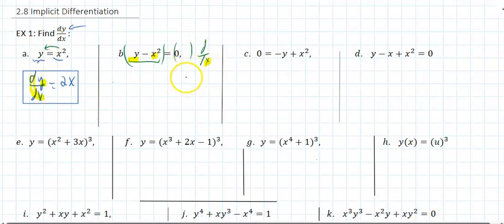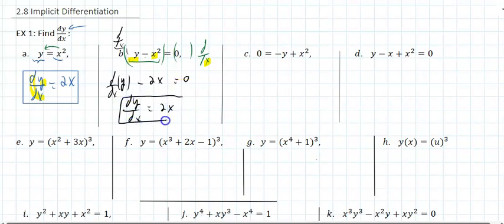So when I take a derivative, the right side is a 0, but for the left side, since this is d with respect to x, you're saying take d dx of y, because we don't know what y equals, minus 2x. And of course you could solve and get the same answer, because it's not like moving one variable to the other side should make it different.